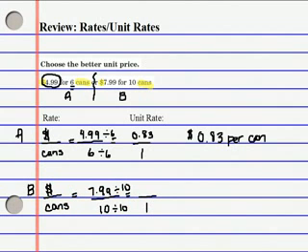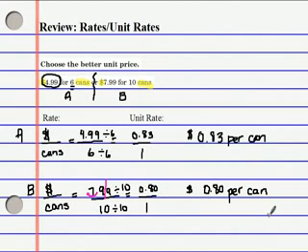I'll divide top and bottom both by 10. I'm also going to use my little divide by 10 shortcut. Just move that decimal point over 1 spot, and I have 0.799. Here's my hundredths. Since the thousandths place is 5 or higher, I'm going to move that up to 80 cents. In situation B, I'm going to pay 80 cents for 1 can of Diet Coke, or 80 cents per can.